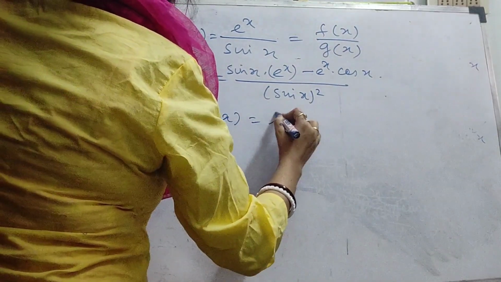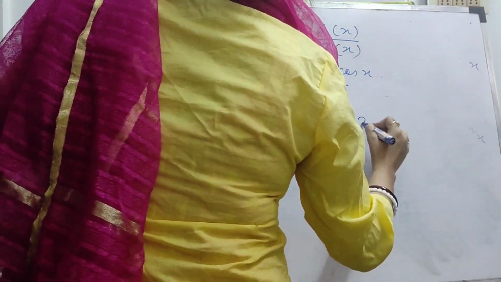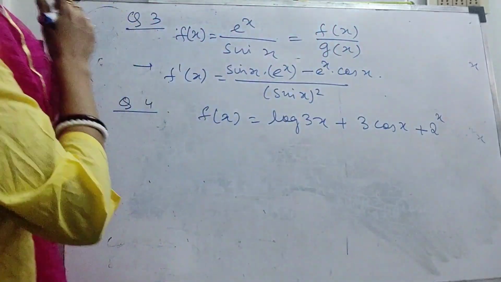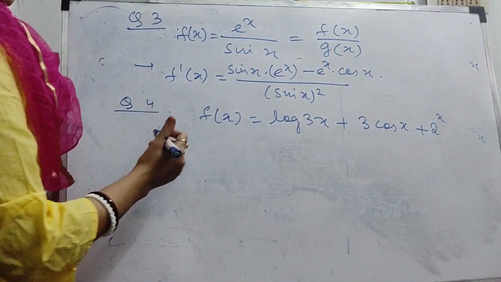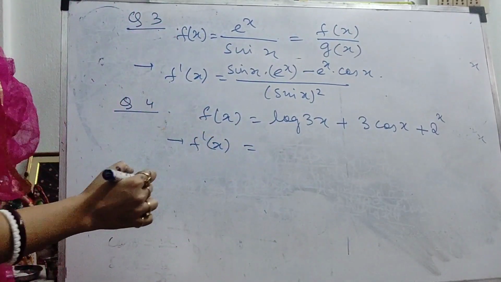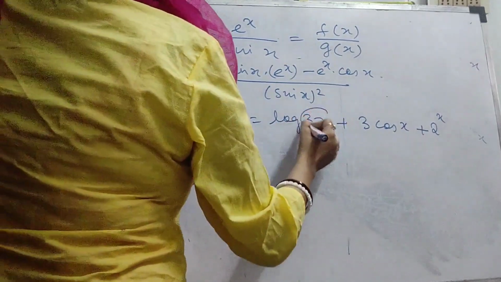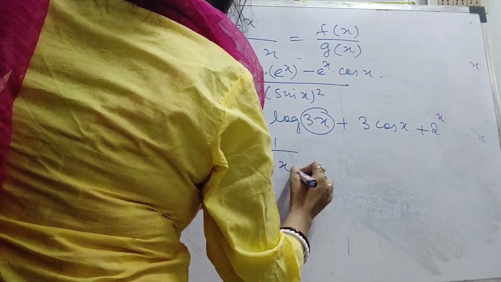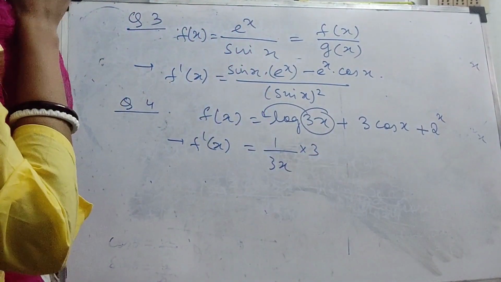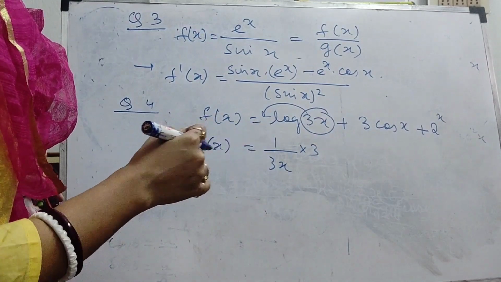f(x) equal to log 3x plus 3 cos x plus 2 to the power x. Suppose what will happen? f dash x, what will we get? Log x becomes 1 by x, so that will become 1 by 3x, but 3 will come outside into 3. This is called chain rule. I will have a detailed discussion about chain rule after 2 or 3 more videos.